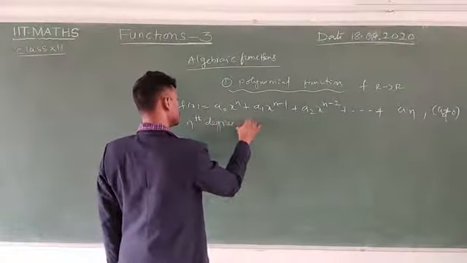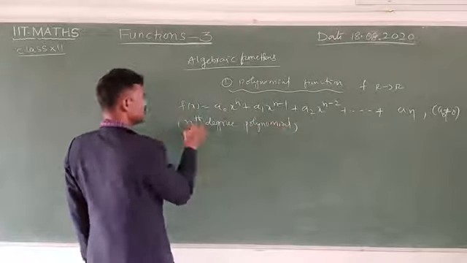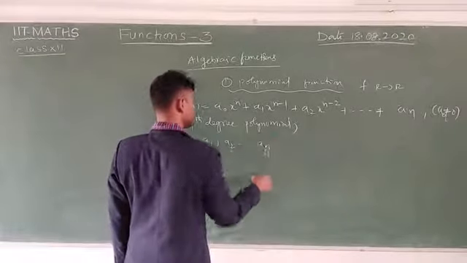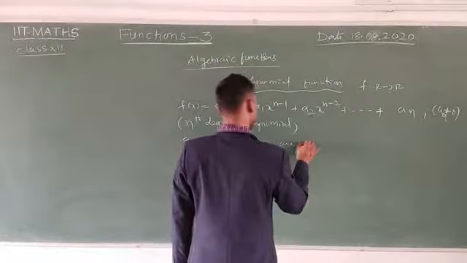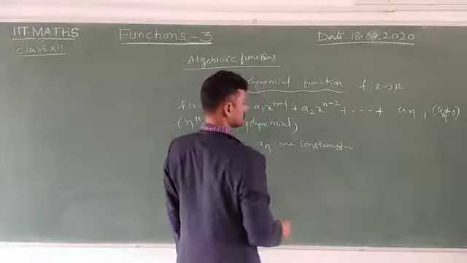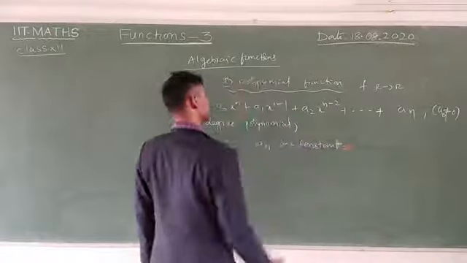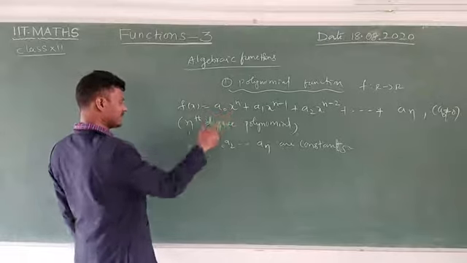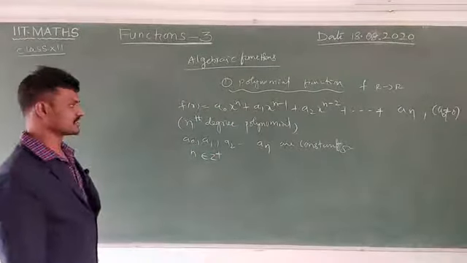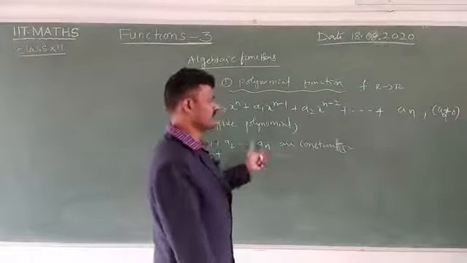Here a0, a1, a2 up to a n are constants, x is the variable, and n belongs to Z plus, positive integers. This is the polynomial function.